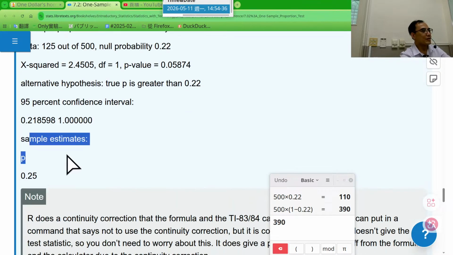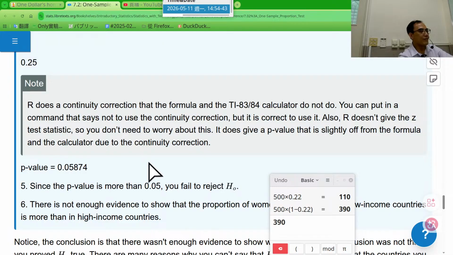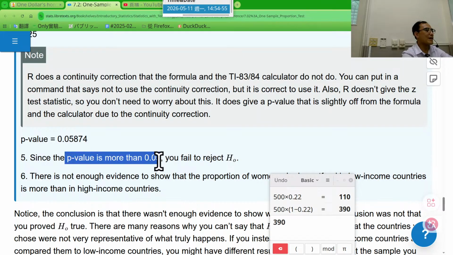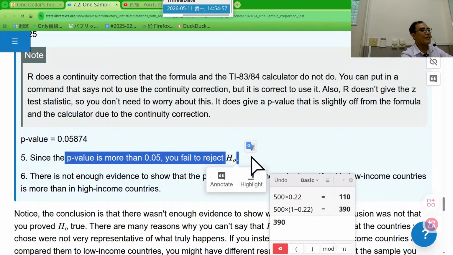The sample estimate p is 0.25, and we get the p-value 0.5874. Okay. Now, since the p-value is more than 0.05, you cannot reject H-naught. You cannot reject H-naught.